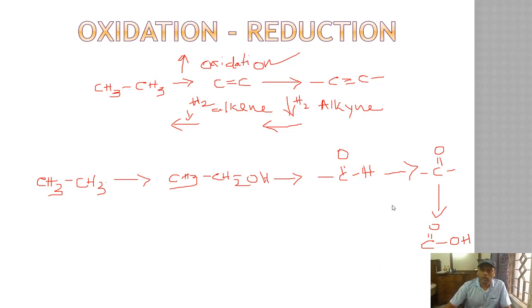Here again you can convert to ether and ester. All these conversions, alkane to alcohol, alcohol to aldehyde, aldehyde to ketone or ester or ether, and again conversion of that to your carboxylic acid.